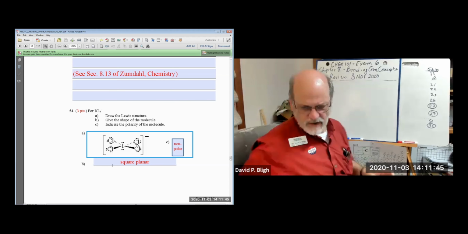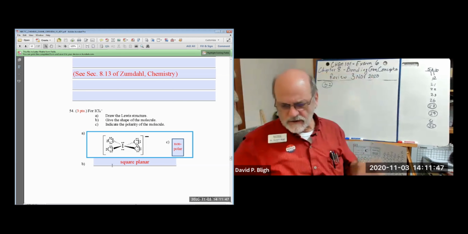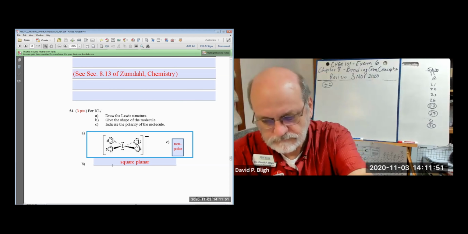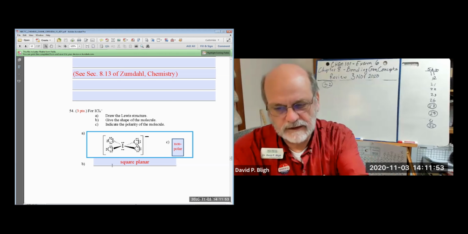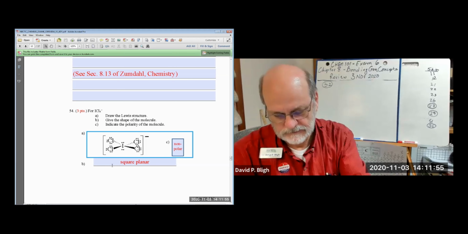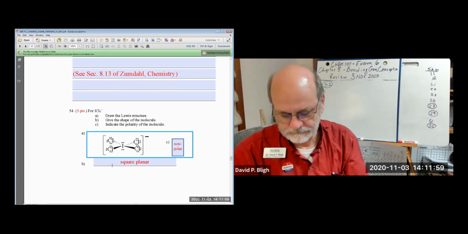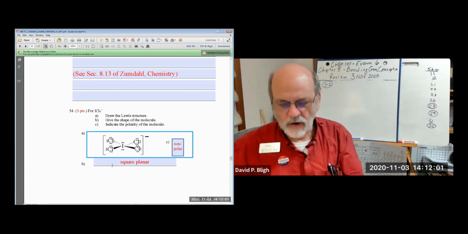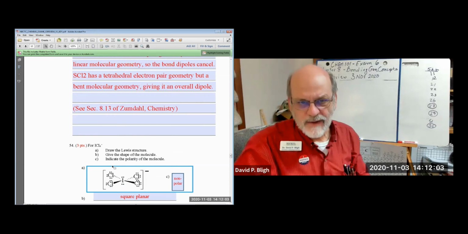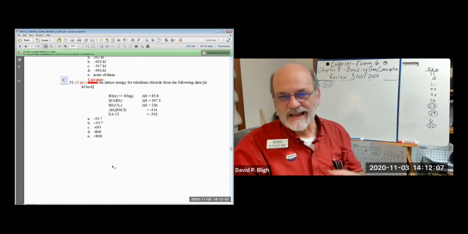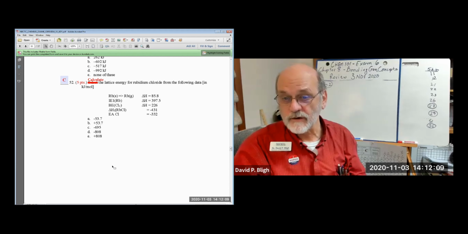In fact, it's going to be hard to fit all the calculations on this tiny board. I'll do my best. So if we're going to calculate, let me back up. There's 52. Calculate the lattice energy for rubidium chloride from the following data.